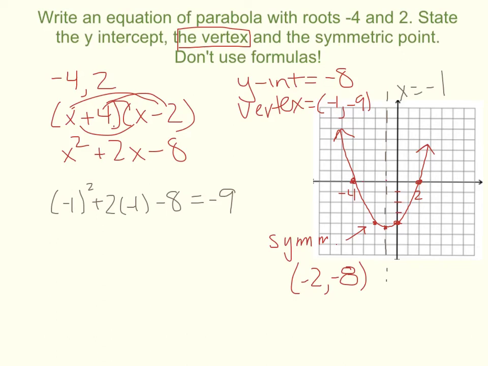Now, there are many other equations you could have written. This is our equation. We could have multiplied that equation by anything and still gotten -4 and 2 as our roots. If we had taken our equation and multiplied it all by 3, we get 3x squared plus 6x minus 24.